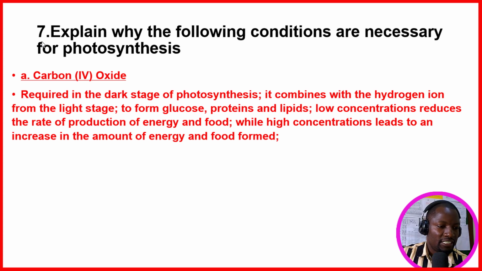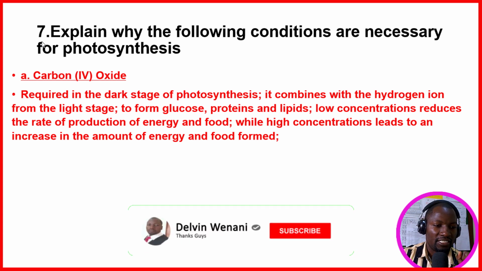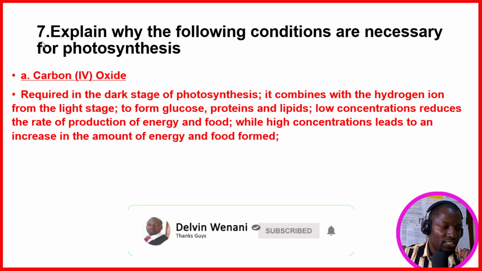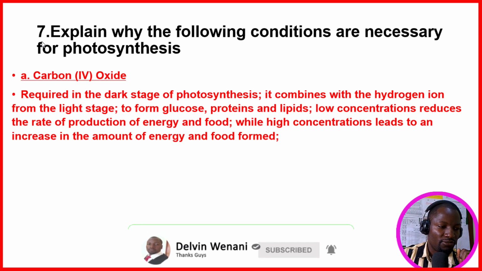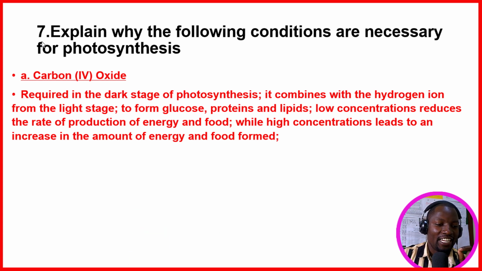So it combines with the hydrogen ions from the light stage to form glucose, protein, and lipids. Low concentration reduces the rate of production of energy and food, while high concentration leads to an increase in the amount of energy and food formed.